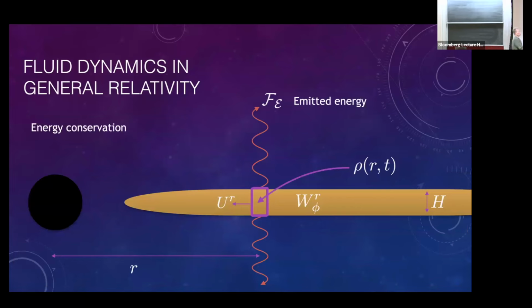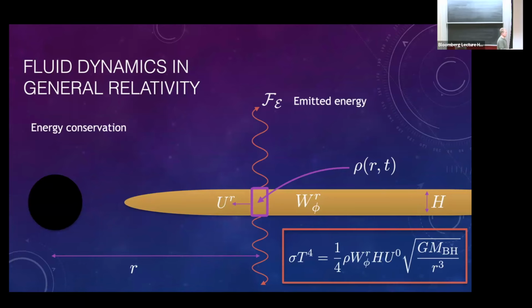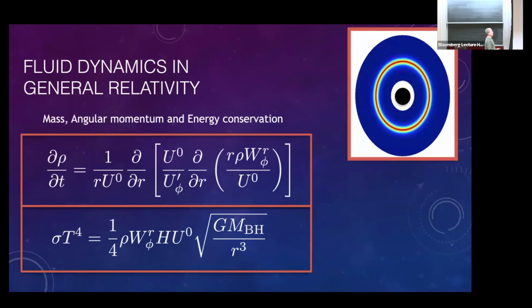And then I'm going to assume that all of the energy I dissipate locally will ultimately leave the system as photons. Just energy balance, which lets me relate the temperature to the density and the stress and the flow. And if you bring this all together, you get the relativistic analog of the classic Lynden-Bell–Pringle equation.